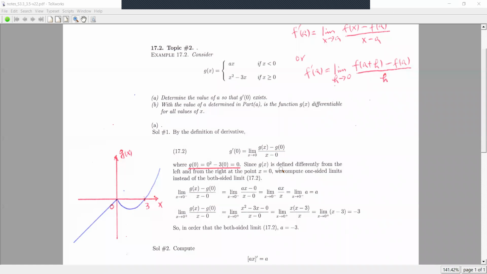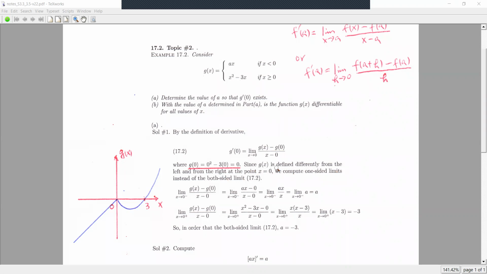Because the function is defined differently from the left and from the right at the point 0. On the left side of the point 0, the function is a times x. On the right side, the function is x squared minus 3x. They are different.